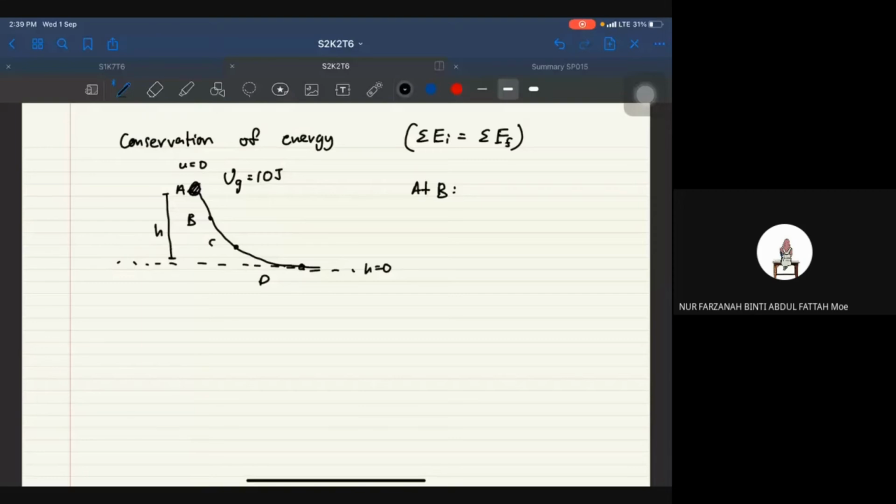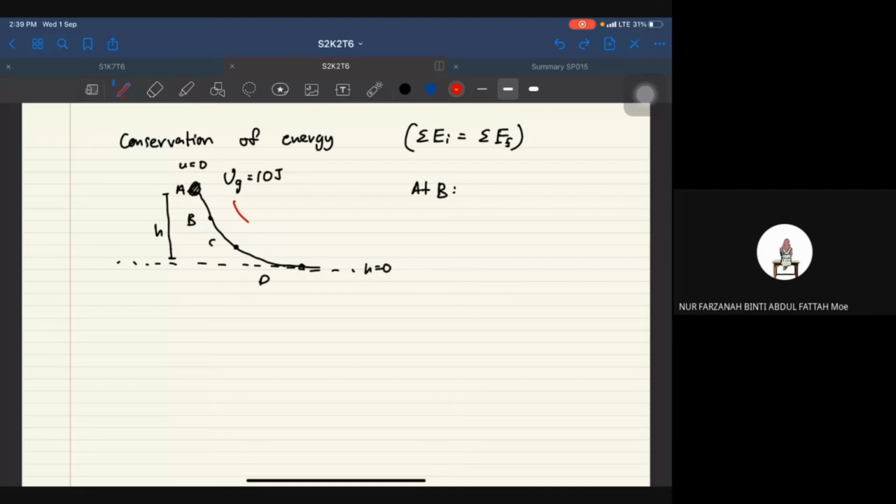The object goes down, so do you think the potential energy decreases or increases?